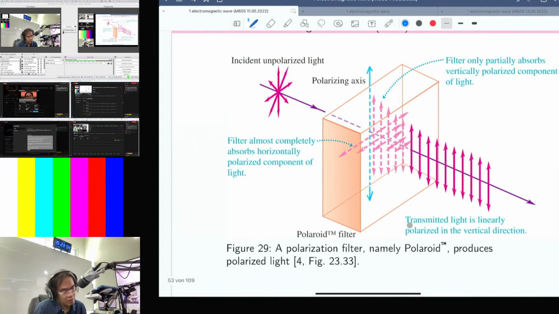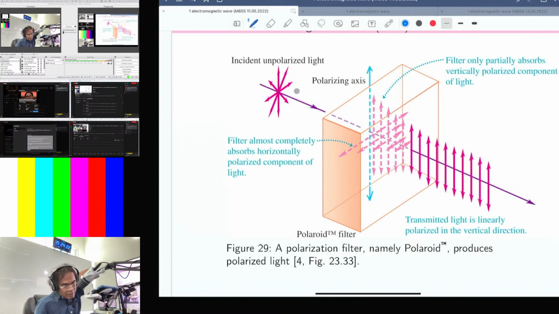Okay, let's talk about this figure. You start from the incident unpolarized light. It means the E field is oriented, is pointed, in different ways. The E field points in different directions, almost the complete cycle, and this is known as unpolarized light.